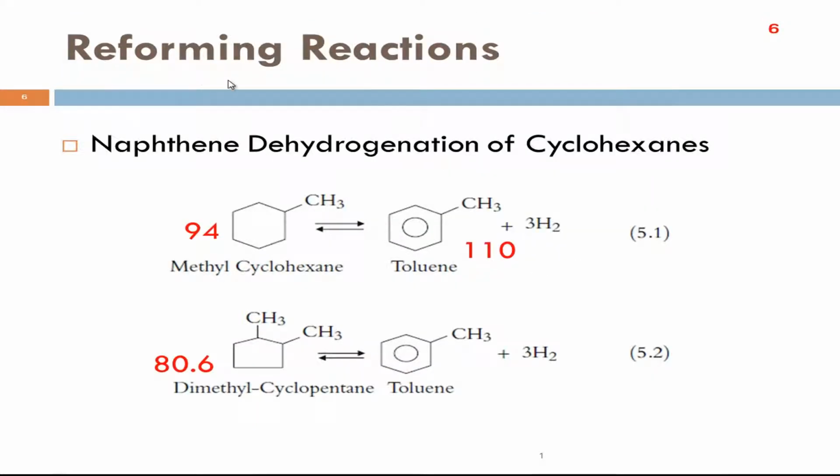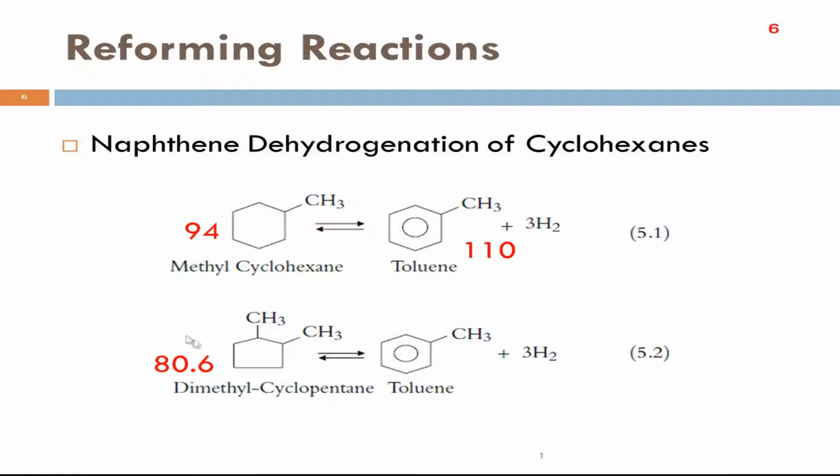To help you understand the reformer, we will talk about the involved reactions. As you can see here, the first one is the dehydrogenation reaction of naphthene. In these two examples, methylcyclohexane, with an octane number of 94, can be increased to 110 by taking out hydrogen in the dehydrogenation process.